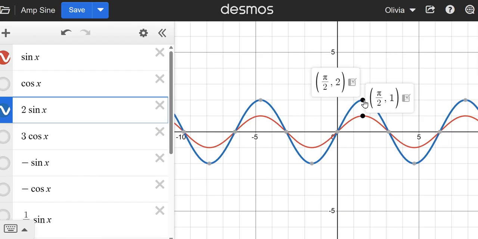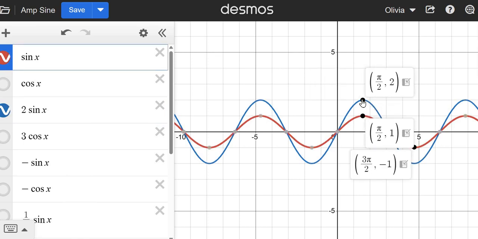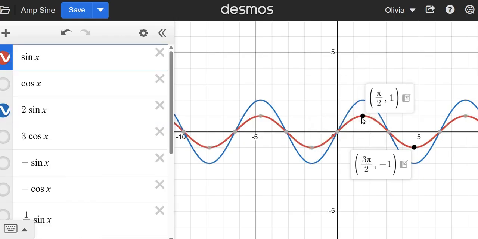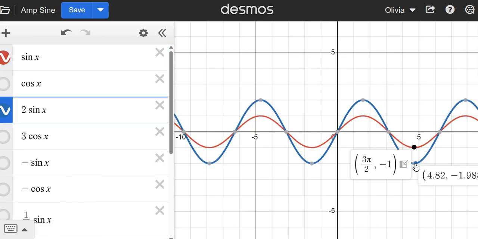Now for our blue graph, our x value for our maximum is still at pi over 2, but now we're at 2. Likewise, we can also see now that our minimum over here is now at 3 pi over 2, -1 for my parent function. And now we're at -2 for my stretched function.